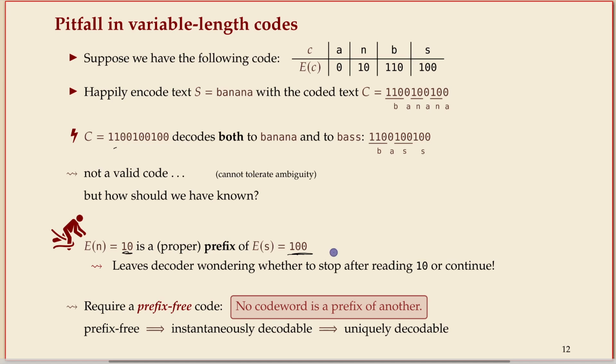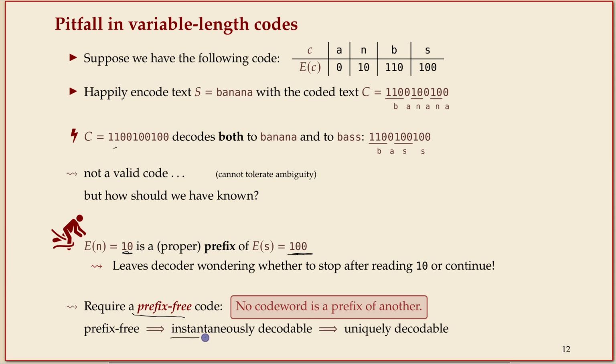Now, this is not always a problem if you have this prefix property. Maybe there is a way to disambiguate it later, but a sane choice is to pick a prefix-free code that forbids that situation. No code word is ever a prefix of another one.